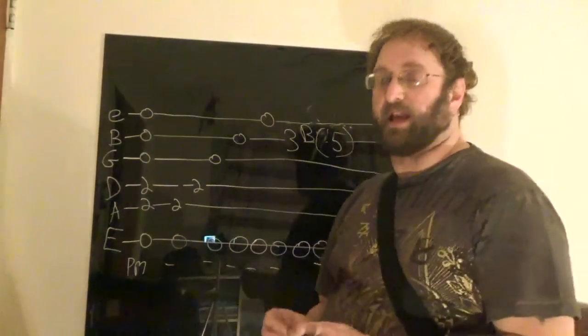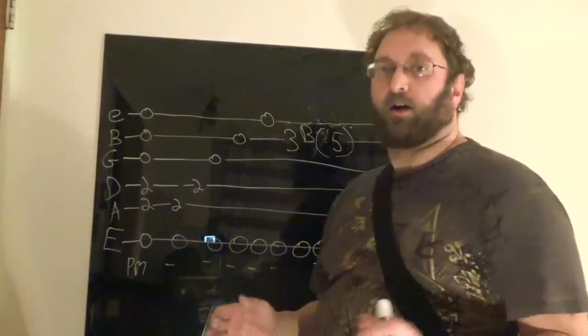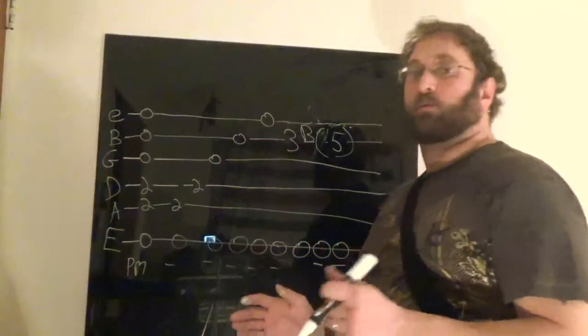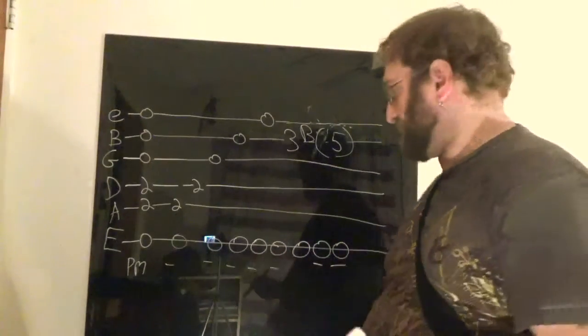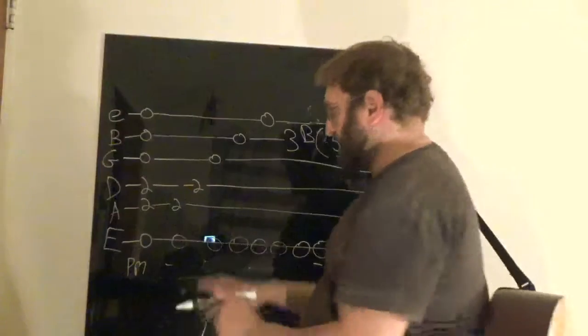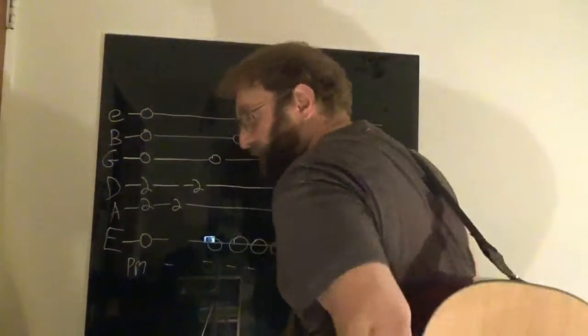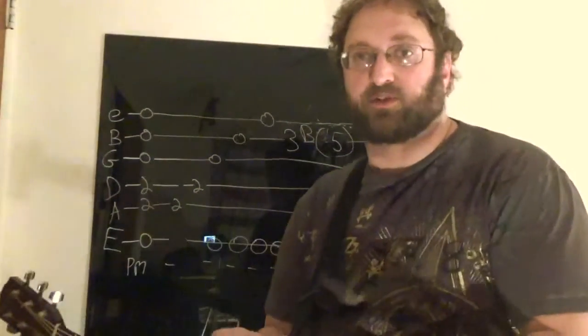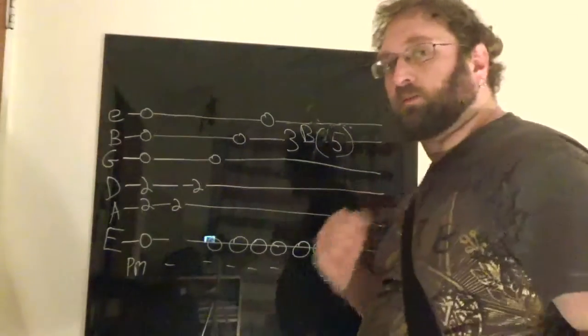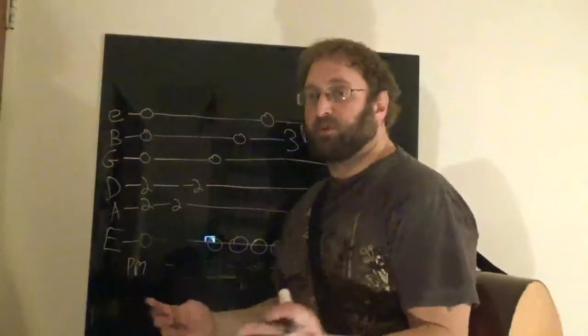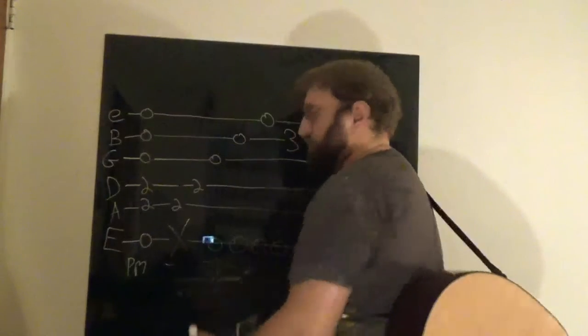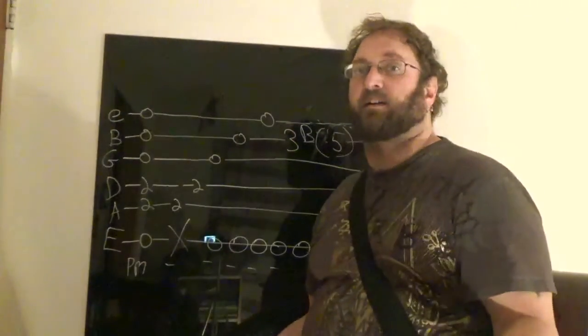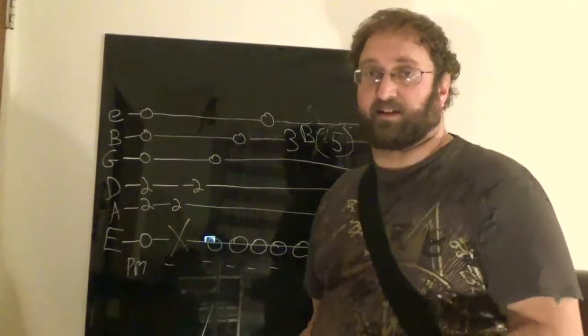Now the next thing we have. Okay, the next thing is muted strings. This one's super easy. Every once in a while you'll hear a song and the guy's going. So to show that they're just hitting muted strings, they just put an X. You can't get easier than that.